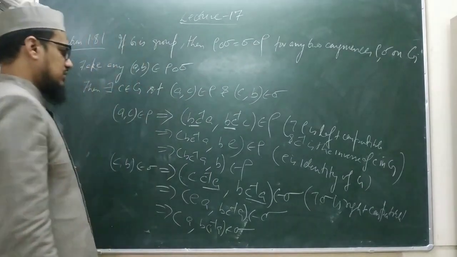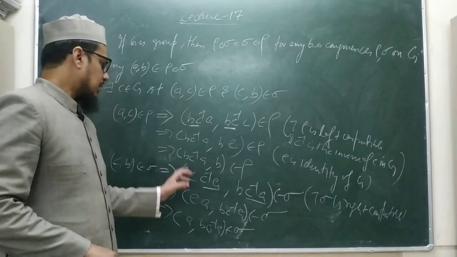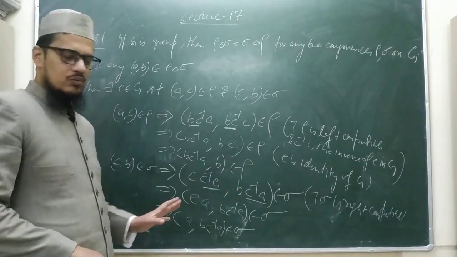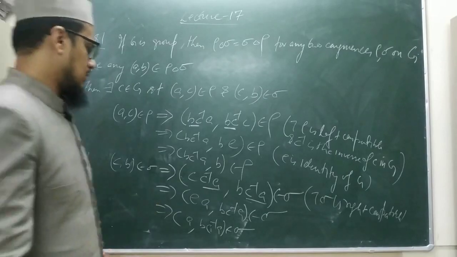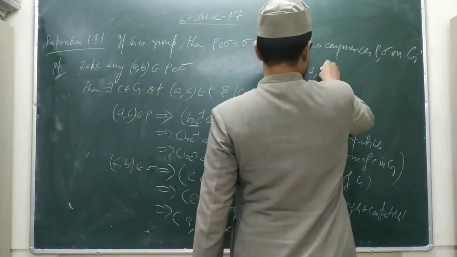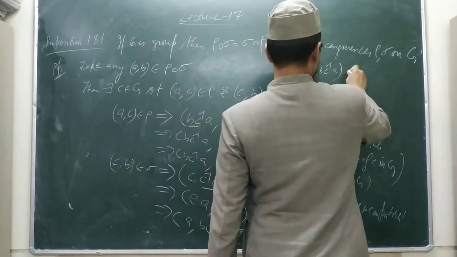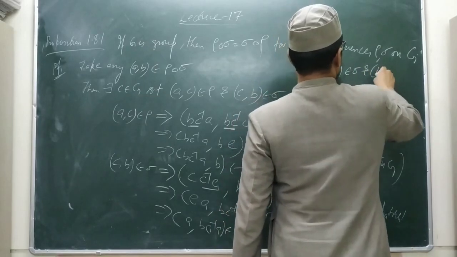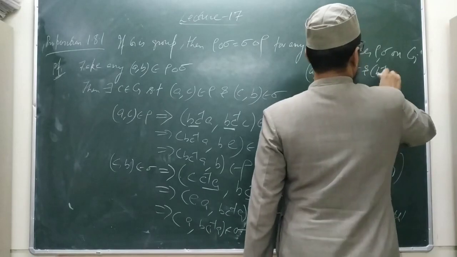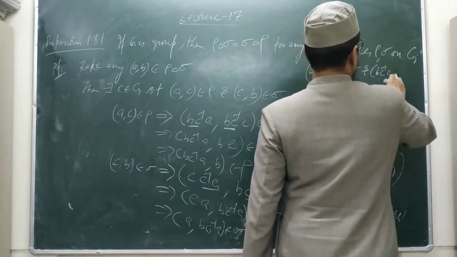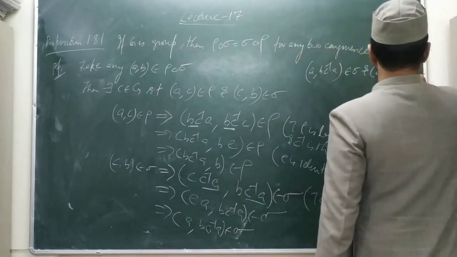Now see the situation. (A, BC inverse A) goes in sigma, and (BC inverse A, B) goes in rho. So by the definition of composition of two relations, what we can say: (A, BC inverse A) belongs to sigma and (BC inverse A, B) belongs to rho.